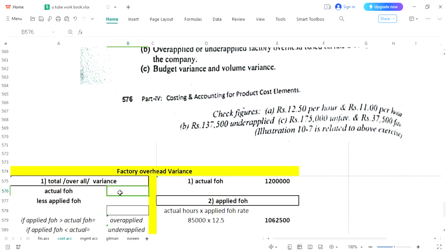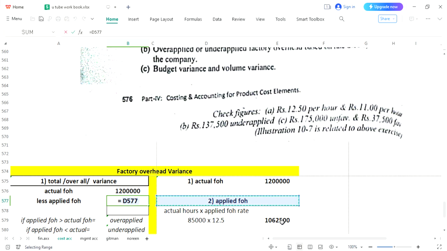First variance is total overall variance, which is relationship between actual and applied FH. Actual FH we have calculated over here, highlighted, and amount was 12 lakh, put over here. Second, applied FH is needed. Applied FH was calculated over here.